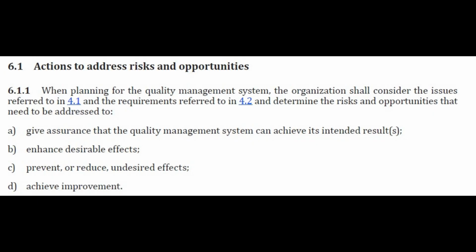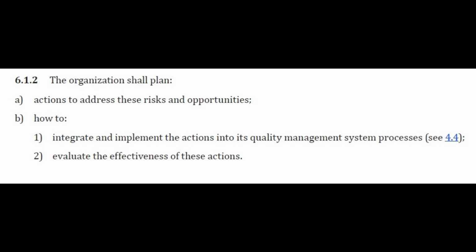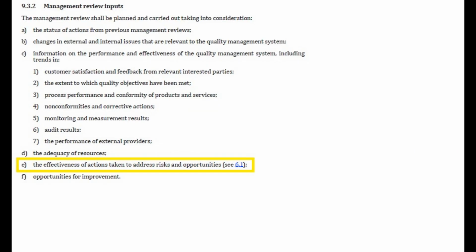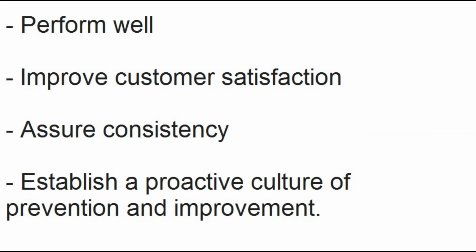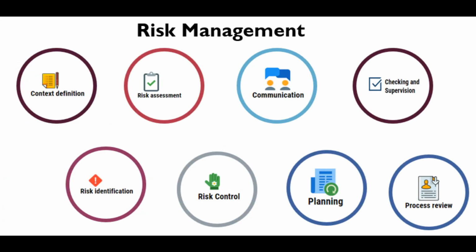Clause 6.1.1, 6.1.2 and 9.3 talk about risk management. Risk management is the process in an organization for effectively managing risk in order to perform well, improve customer satisfaction, assure consistency, and establish a proactive culture of prevention and improvement. Risk management can be applied to an organization or specific functions, projects, and activities.